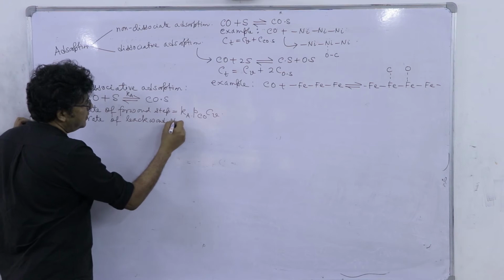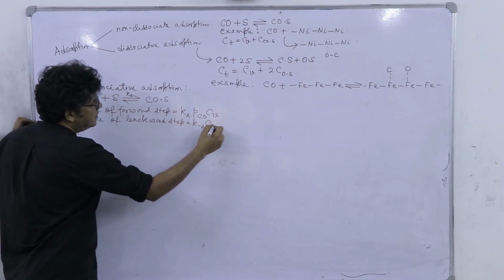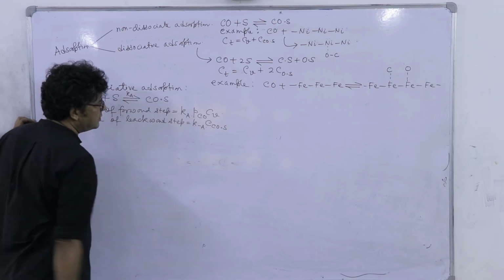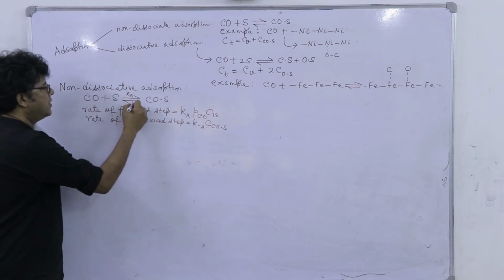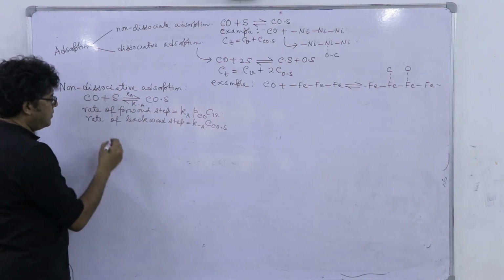So the rate of the backward step is K minus A times C of CO dot S, right. So here the rate constant is K suffix minus A. Okay.